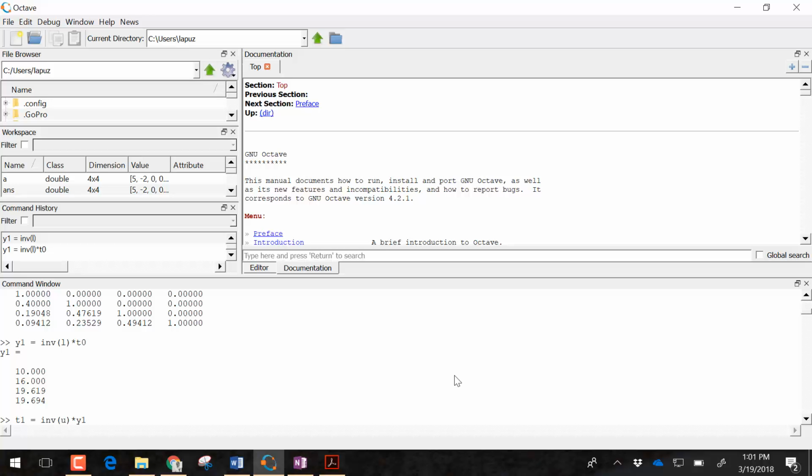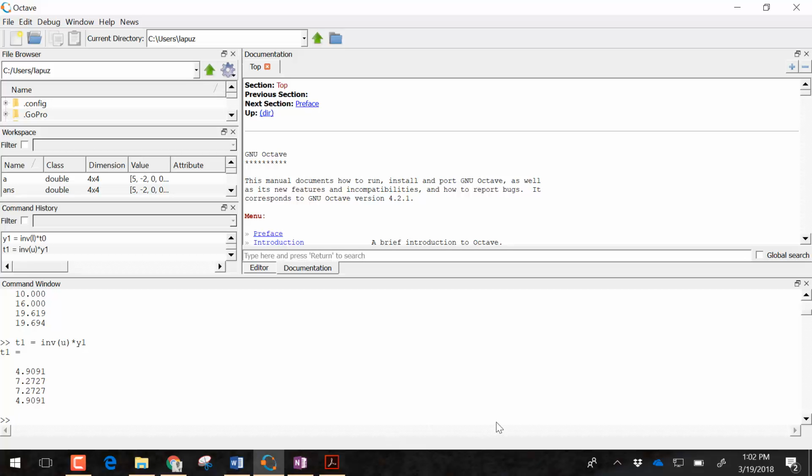So it's the inverse of U being applied to the Y1 vector that I just found. And then I have T sub 1. So I'll do that to find T sub 2, T sub 3, T sub 4. I'll do that in several steps. Okay? So that's how you do this.